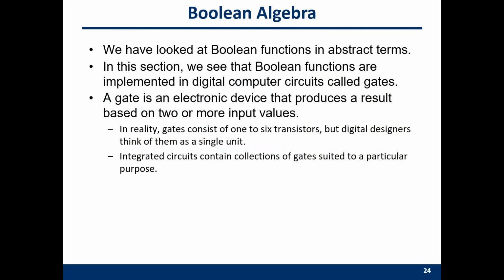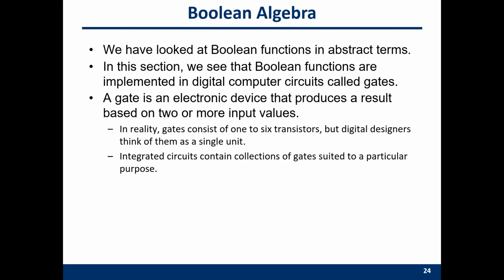So we can implement each Boolean function into a circuit. This is what we actually do in the computer system. A gate is an electrical device that can produce a result based on multiple inputs or one single input. In fact, a gate consists of 1 to 6 transistors.